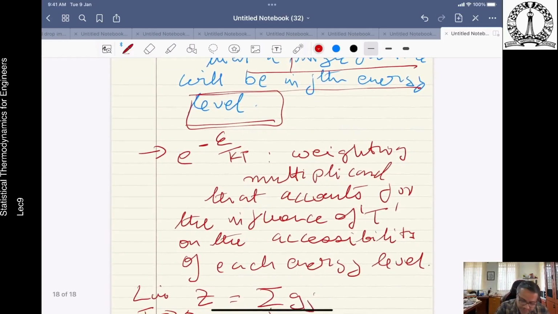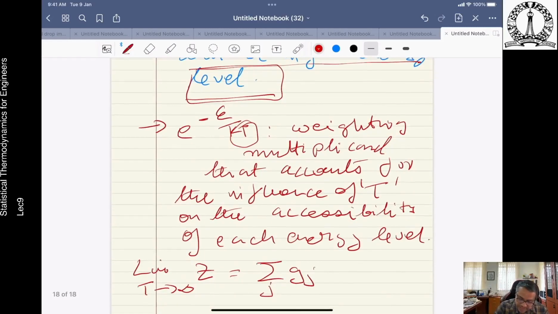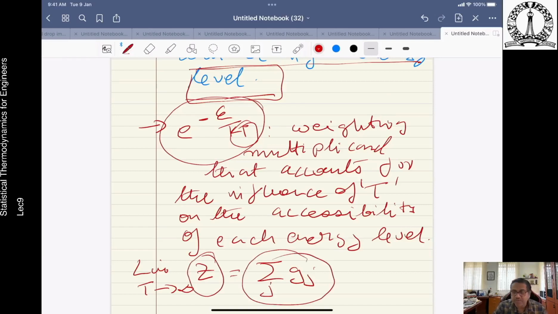Now, when the temperature becomes infinite, this particular term essentially drops out and the partition function becomes the sum total of all the degeneracy, the sum total of all the microstates. The role of temperature is that it regulates whether the higher energy levels or all the energy levels are accessible to the particle or not.